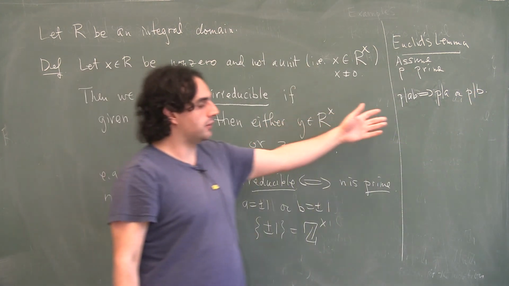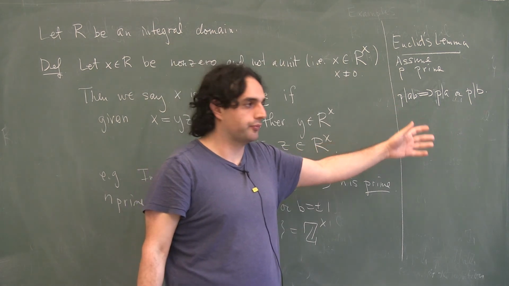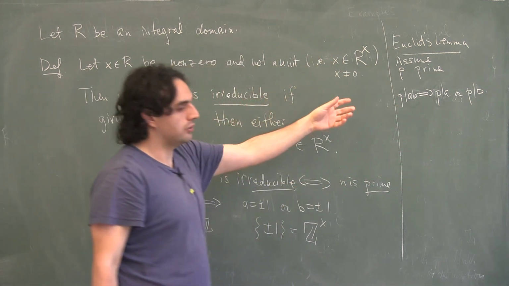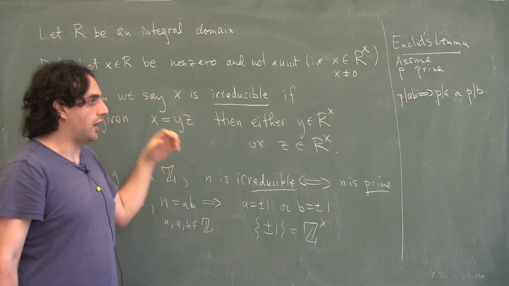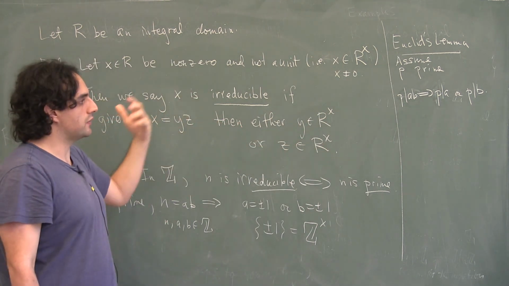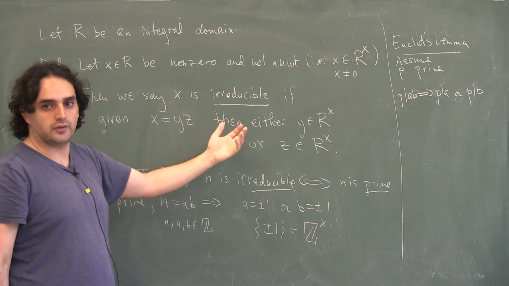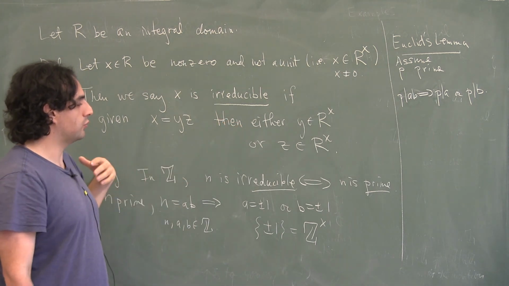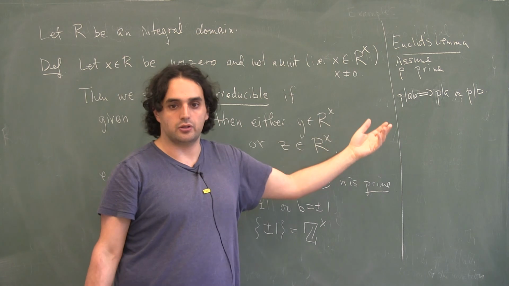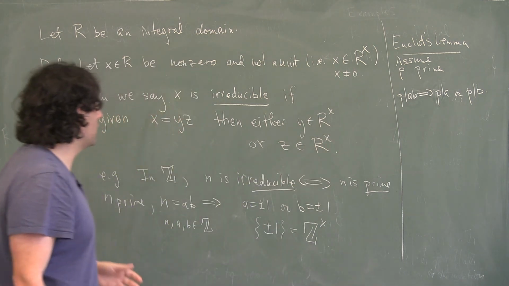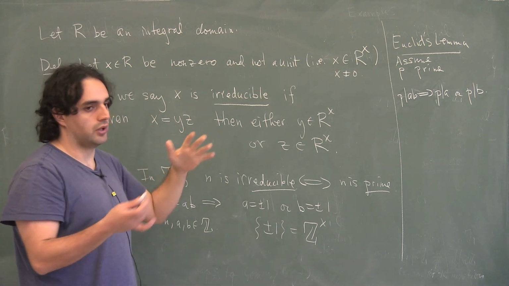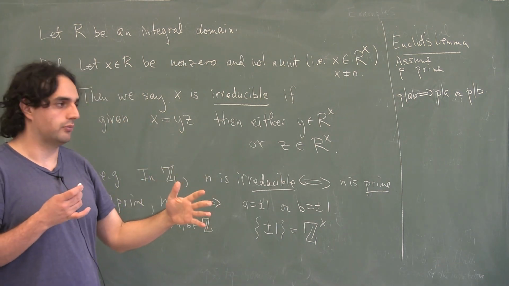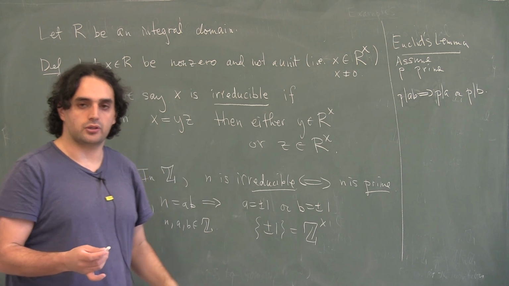So this is another fundamental property of prime numbers, that we can try to generalize to elements in a ring. And we will do this as soon as we say what a prime ideal is. So an element will be called prime if the ideal that it generates is a prime ideal. And then the point is that in general rings, irreducible and prime are two different things. But we will see the relationship between them.